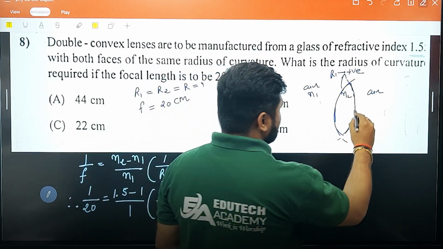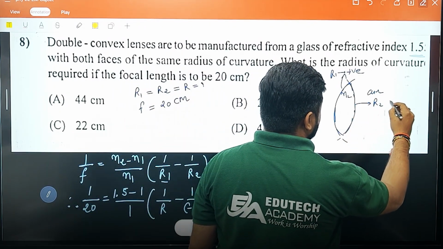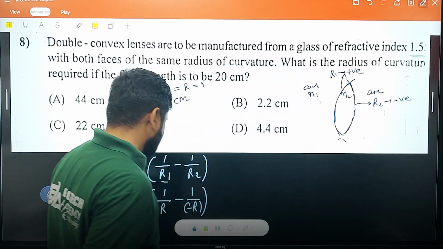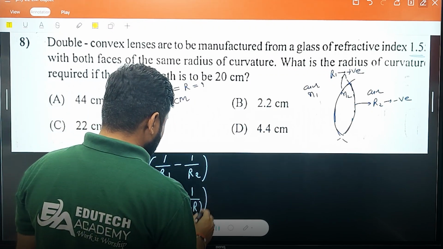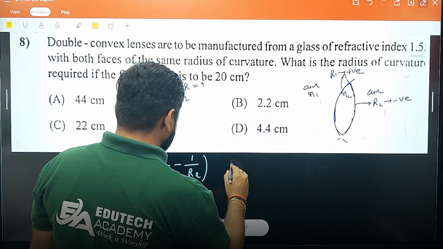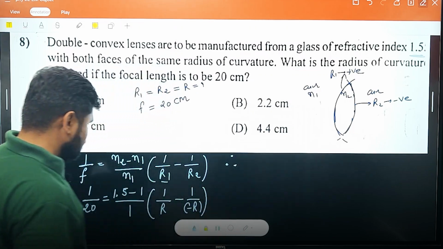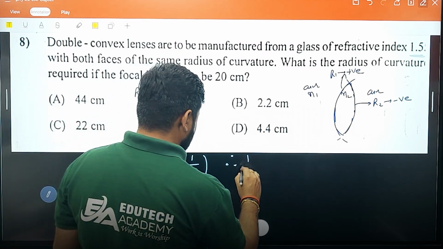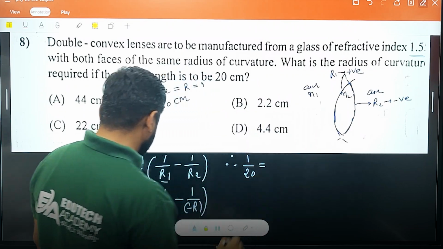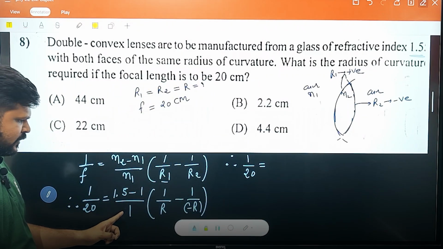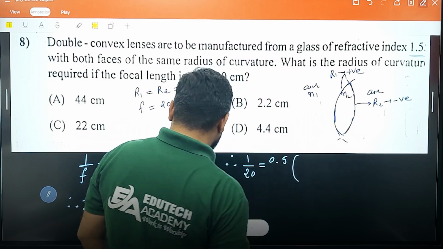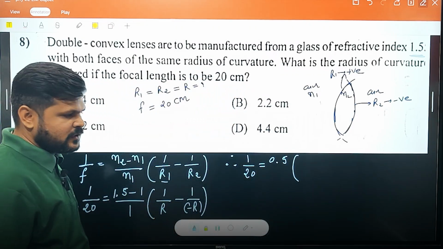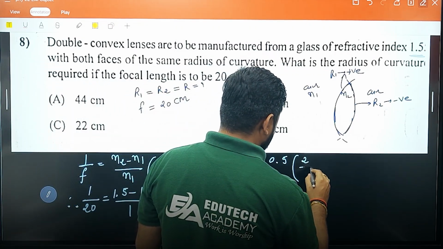So you compulsorily have to take this radius of curvature as negative. So r1 is plus r, r2 is minus r. Place all the values. So here it will become 1 upon 20 is equal to 1.5 minus 1 divided by 1, so it will become 0.5, times 1 upon r minus minus, plus 1 upon r. So it will become 2 upon r.